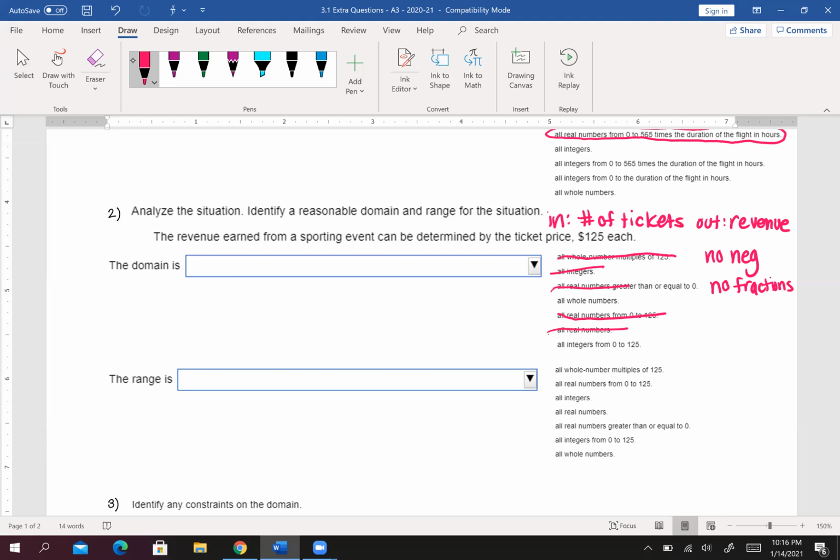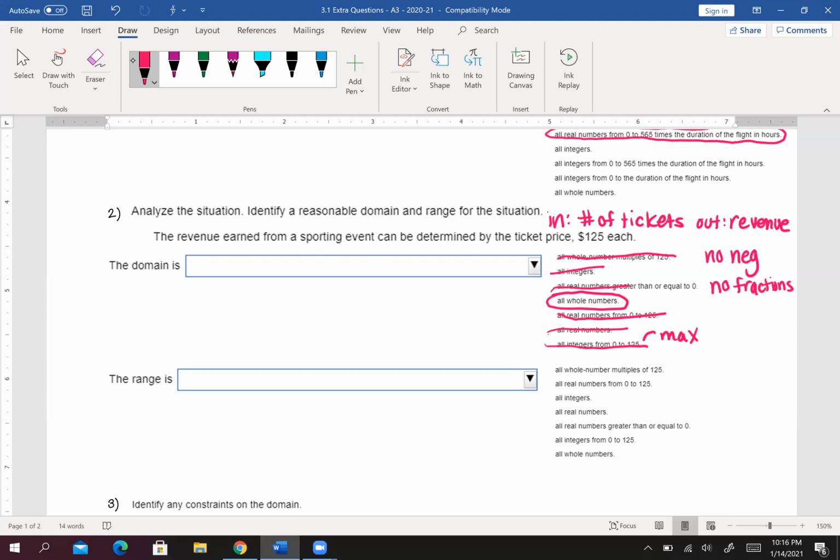That looks good. That'd be 0, 1, 2, 3, and so forth to infinity. And then the last one says all integers from 0 to 125. Well, the 125 is the ticket price. That's not going to be the maximum amount of tickets. They don't give us a max. That's saying that that's the max number. So we don't want this one. So our inputs here would be all whole numbers.